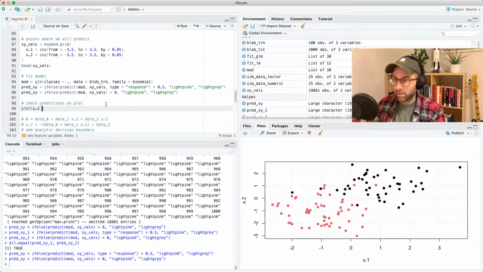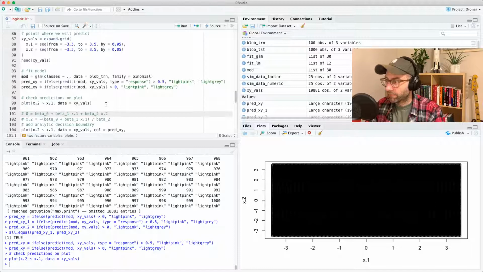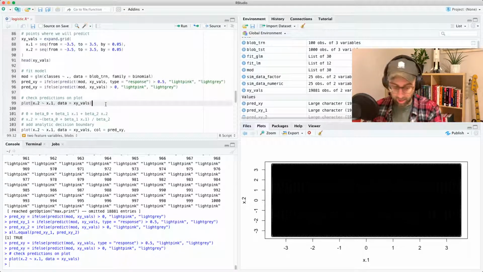Okay, so what I want to do is this: x.1, comma, data equals xy vals, right? What does that look like? Okay, so that just looks like a big black mass, right? That's just plotting a point at each of those places I said. But now what I'm going to do is color them according to the predictions I made here.